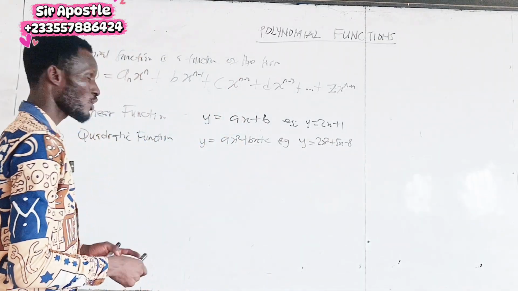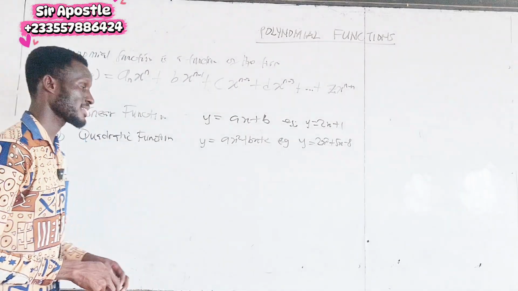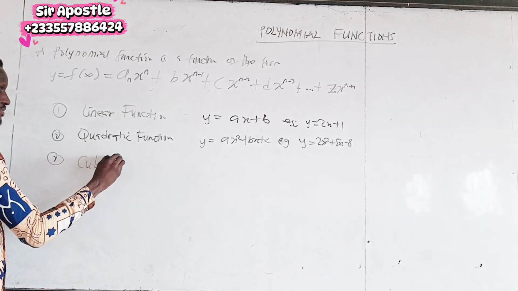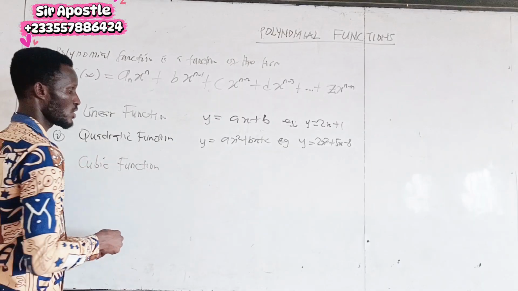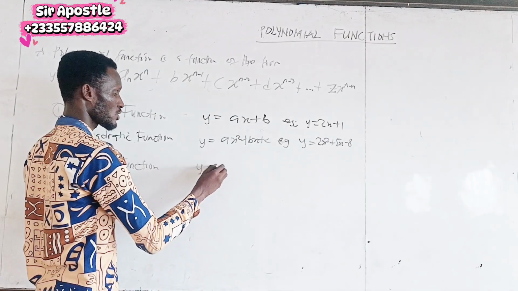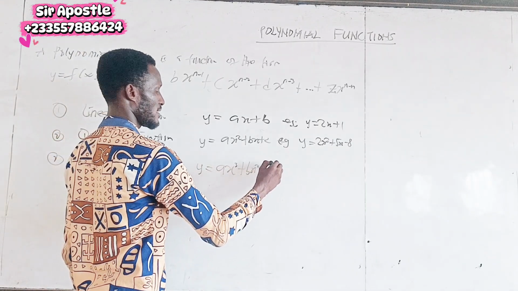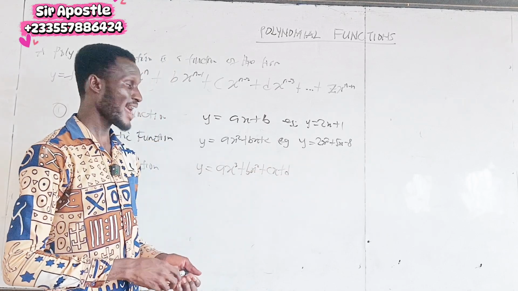Now, we can also have another function where the exponent is 3. So let me talk about the cubic function. A cubic function is when the exponent is 3. So I'm going to write something like y is equal to ax exponent 3 plus bx squared plus cx plus d, where the highest exponent is 3.